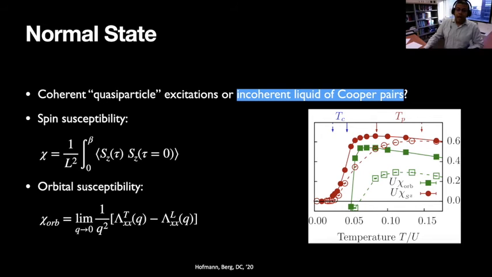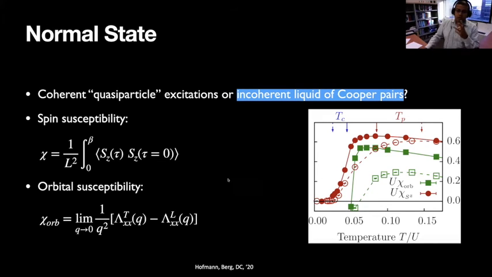Okay, and so what we find is that indeed in the normal state, at temperatures significantly above Tc, the system starts forming singlets, local singlets, but they're phase incoherent, so the system can't really start exhibiting superconductivity yet. And moreover, also above Tc, the system already starts exhibiting some small diamagnetism, which is again a hint that you have these Cooper pairs, they almost want to condense, but they can't because their phase hasn't ordered yet.